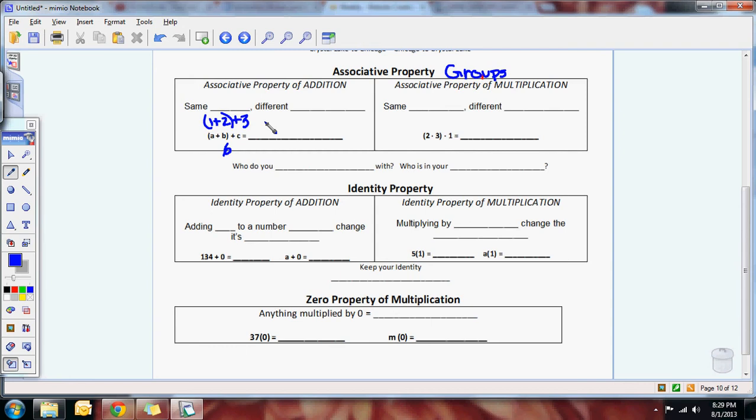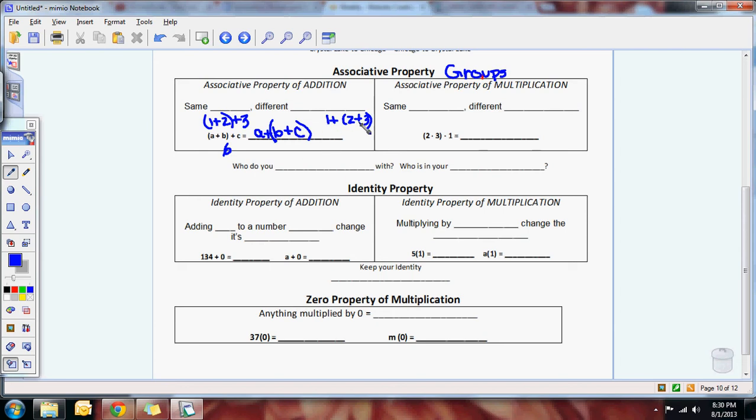So let's write this out using the associative property. I'll write it using variables first. I'm going to keep the same order. Okay, but I'm going to change the groups. Okay, using the same numbers up here, I'm going to change it. So 1 plus 2 plus 3.